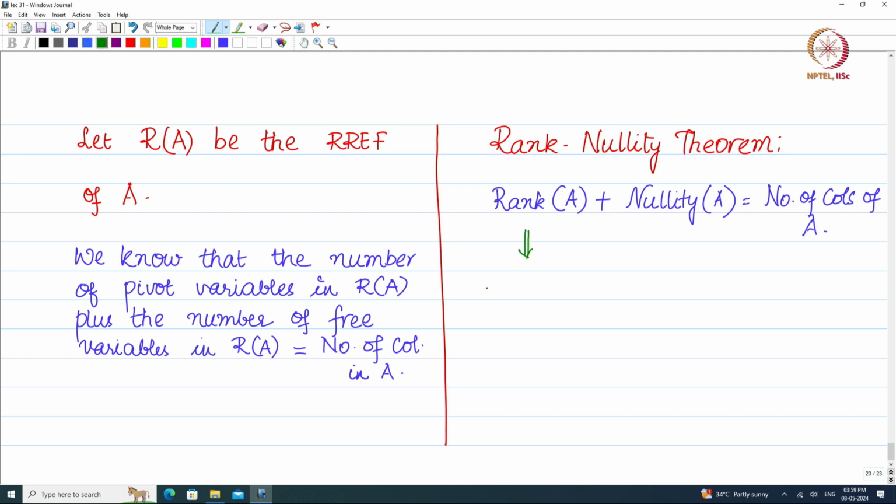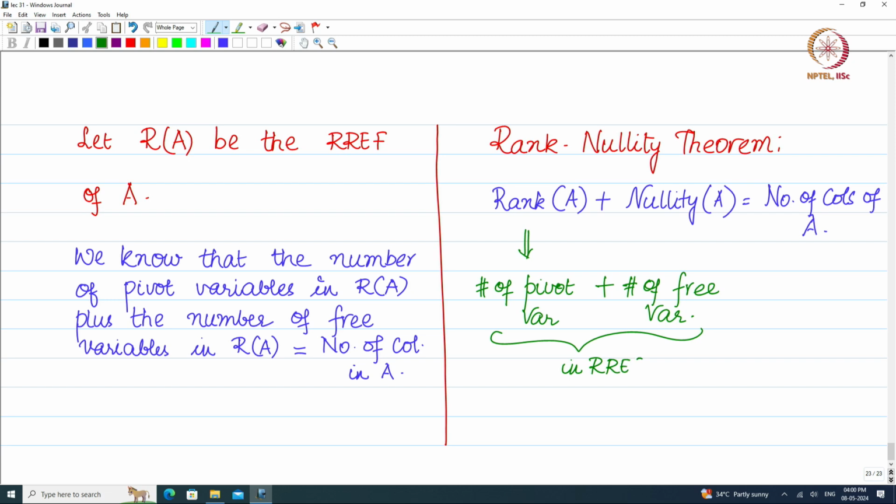Rank of A was basically the number of pivot variables plus nullity of A is basically the number of free variables, both of them in RREF, the row reduced echelon form of A, corresponds to number of columns of A.